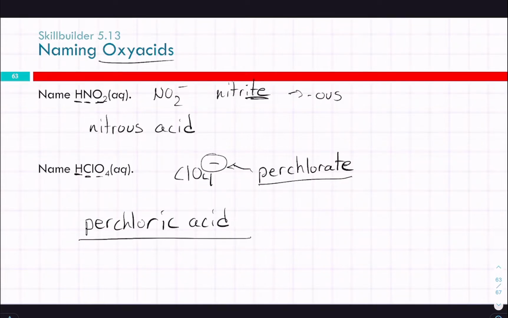So that means that it's always going to have one hydrogen, because they've always got the same number of hydrogens as the charge. Good question though. So you don't need to say anything about how many hydrogens there are, because you can figure that out from the rest of the information.